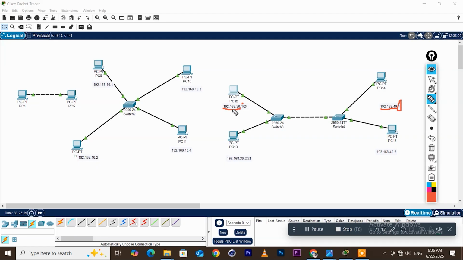So .40 is a totally different network, and .30 is a totally different network, and two networks cannot communicate with each other unless with the help of what? A router. So to solve this communication issue, we have to introduce a router in between those switches before they can communicate.